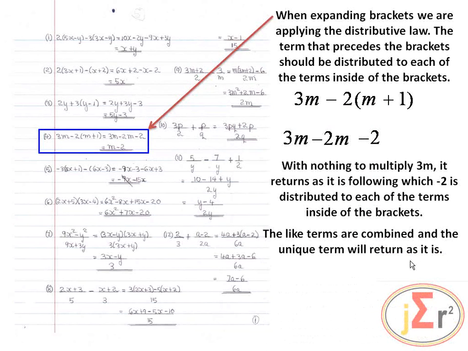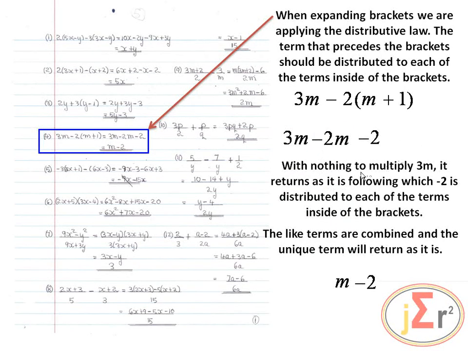The like terms are combined, and the unique term will return as it is. Adding the coefficient, 3 minus 2 is 1. 1m is the same as m, and the unique term returns.